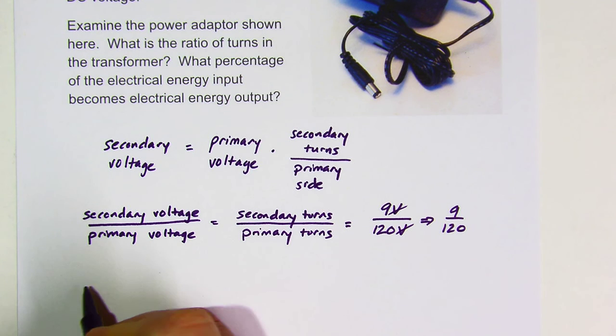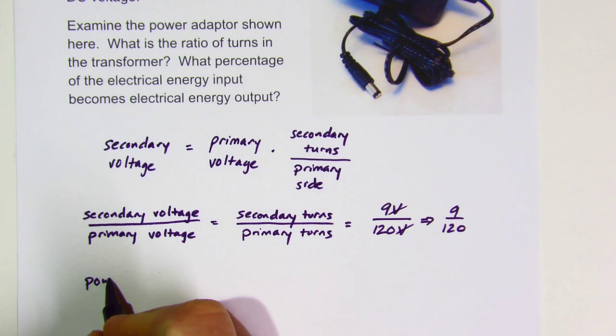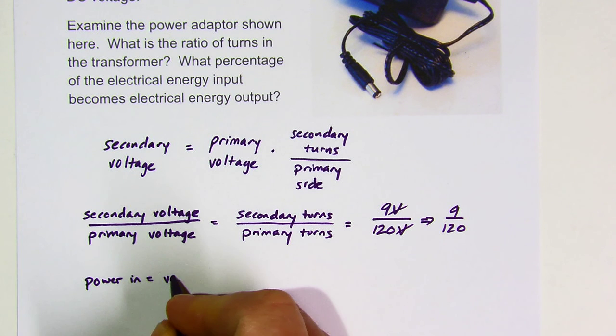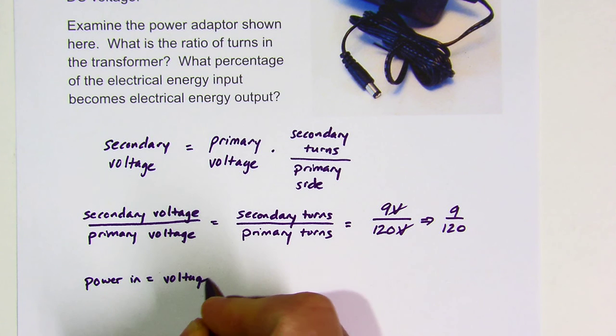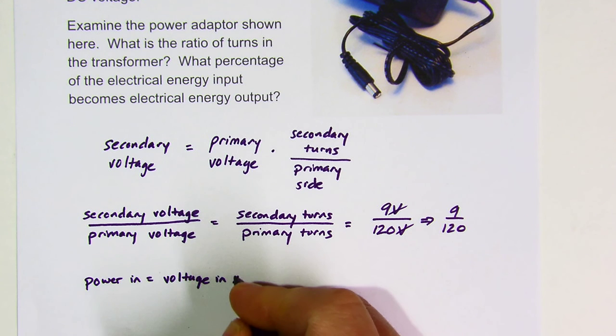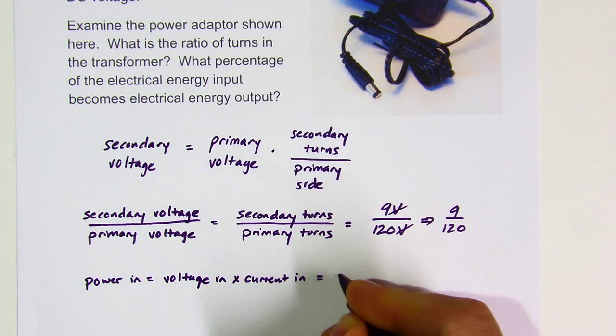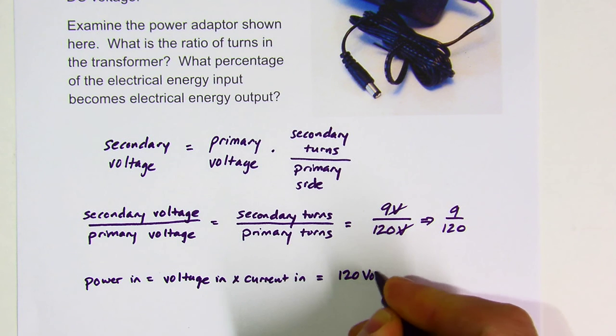Well, to do that, we need to actually compare the power in to the power out. So power in is going to be voltage in times current in. So that is 120 volts.